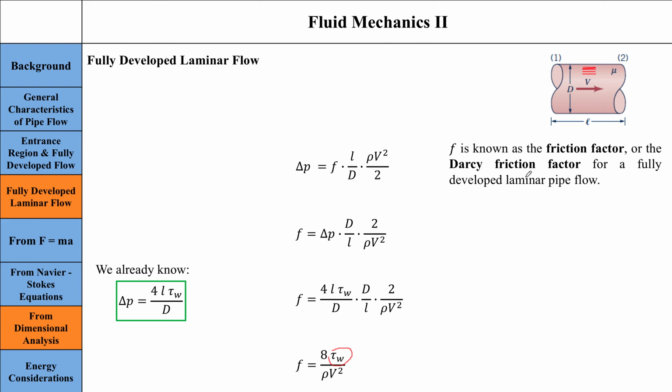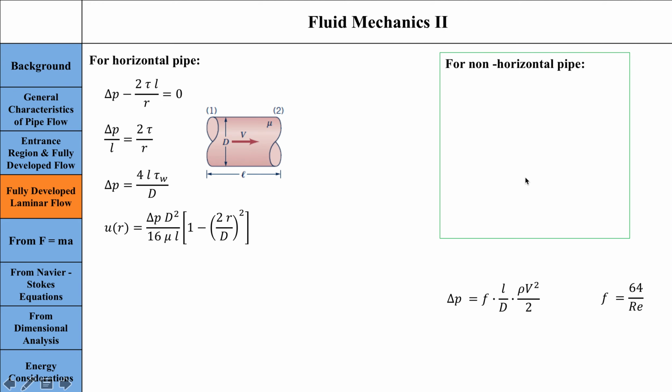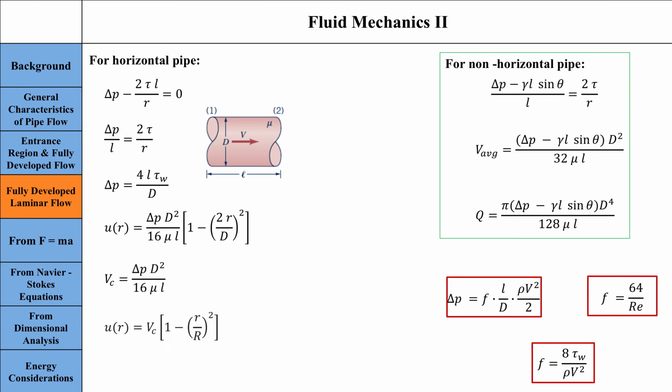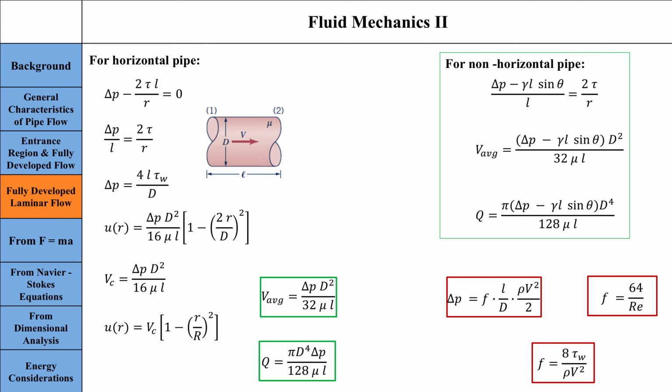Okay, so now that we have looked at fully developed laminar flow in terms of different equations, I'm just going to list those equations here again and show you what we have already found out.